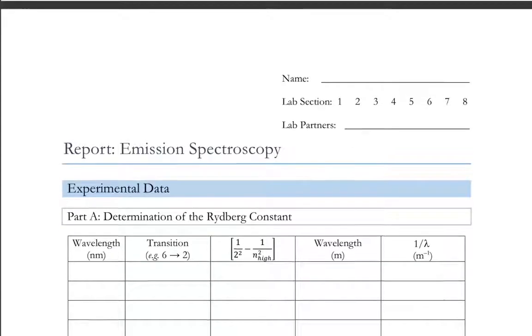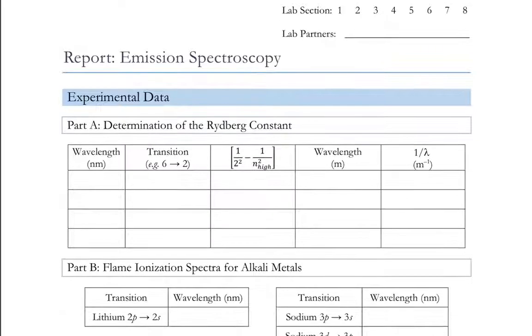Okay, skip the pre-lab. So here's our report. So for part A, for this first table, we would write the 4 wavelengths here. We write the transitions here. We just talked about those. You will notice that all of the transitions are from a higher level to 2. The third column is referred to as the n expression.